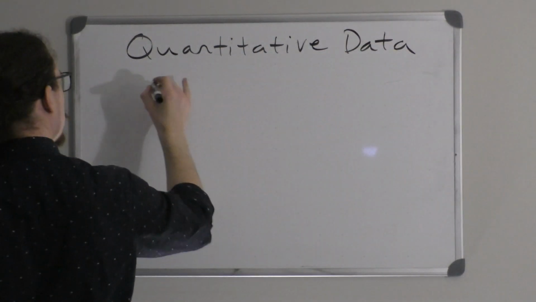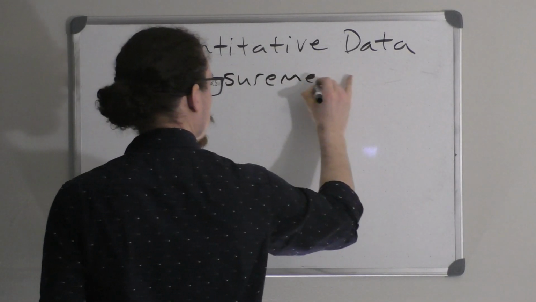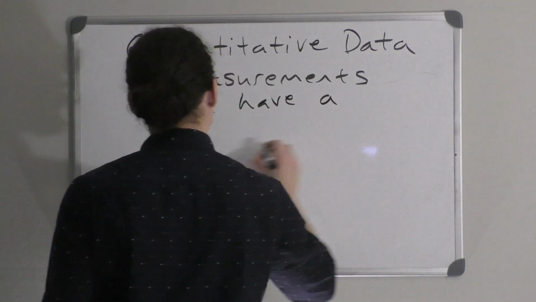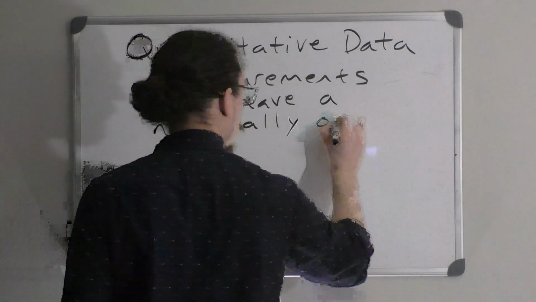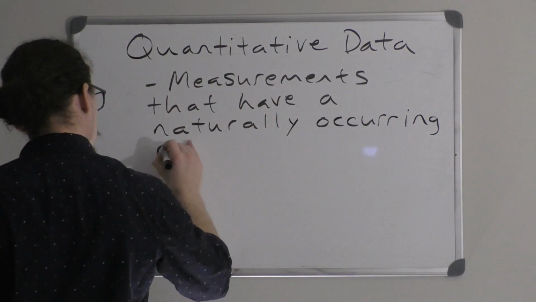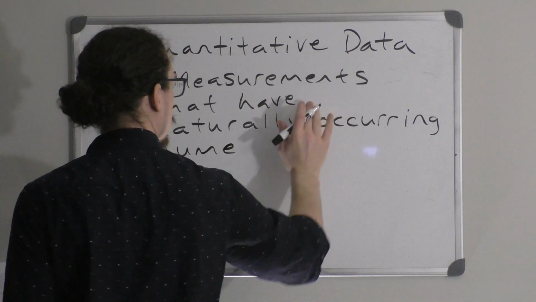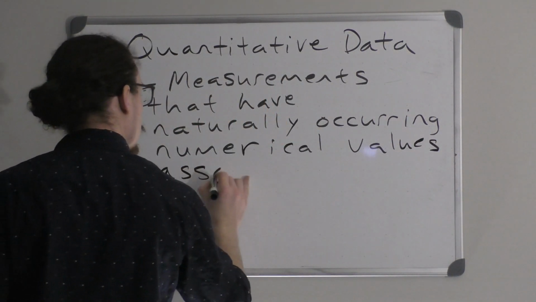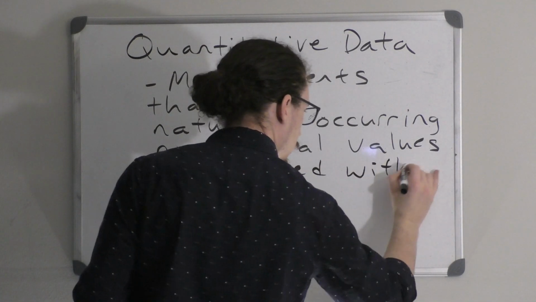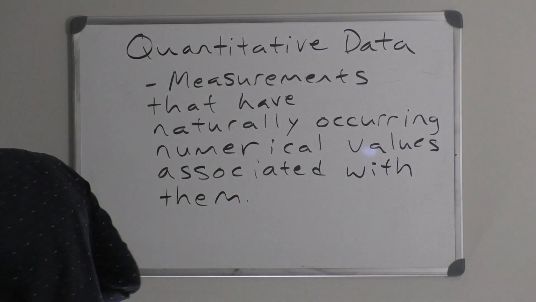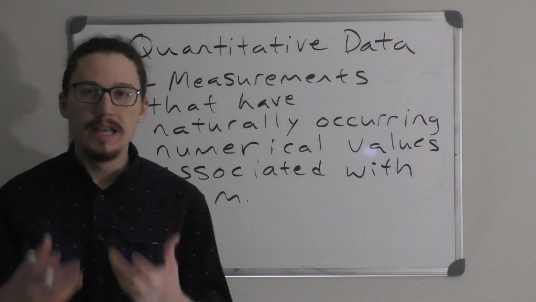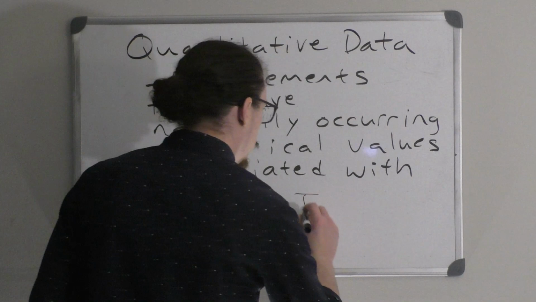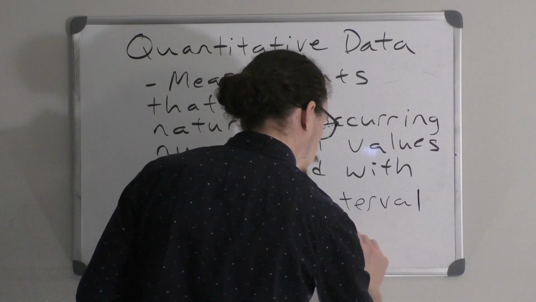All right, quantitative data. So quantitative data, this is data, or measurements, that have naturally occurring numerical values associated with them.